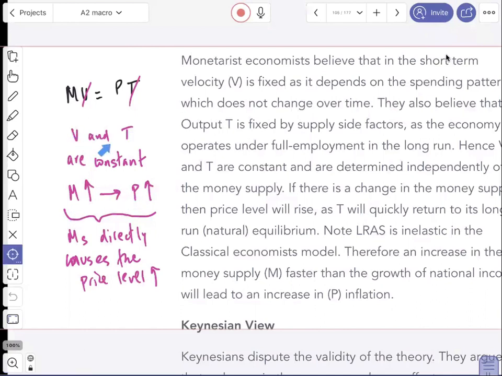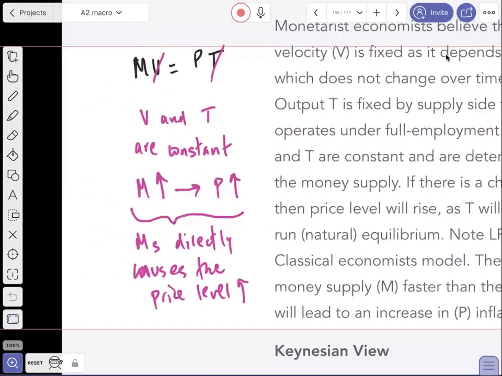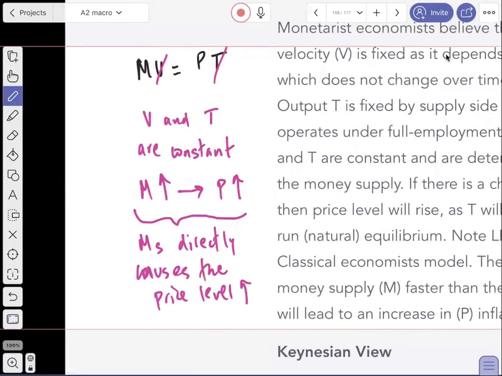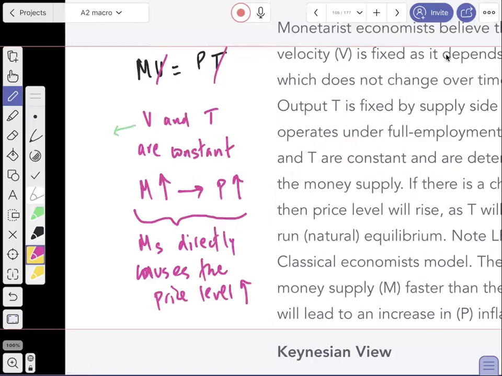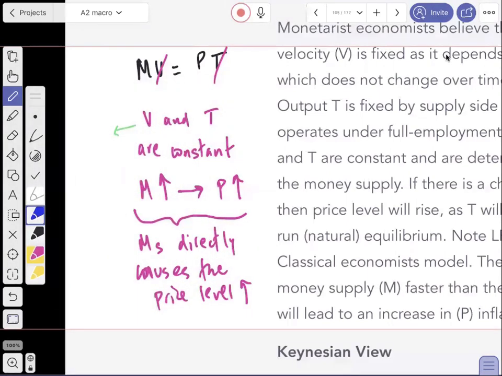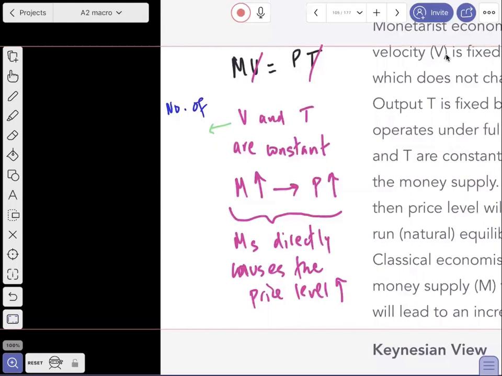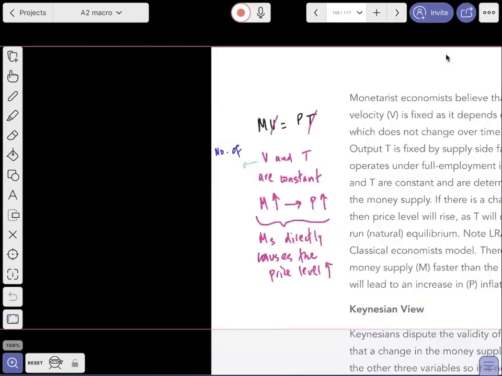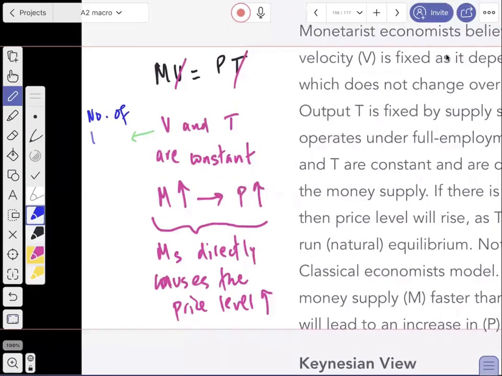Now, why are V and T constant? That's the first thing we look at. They say V is basically the number of times money changes hands.